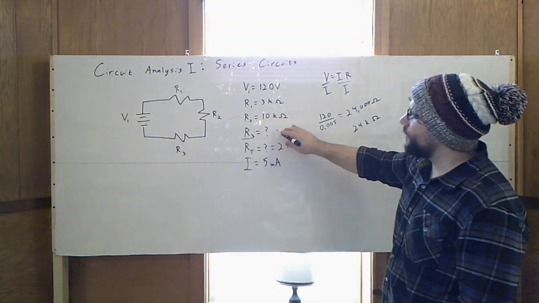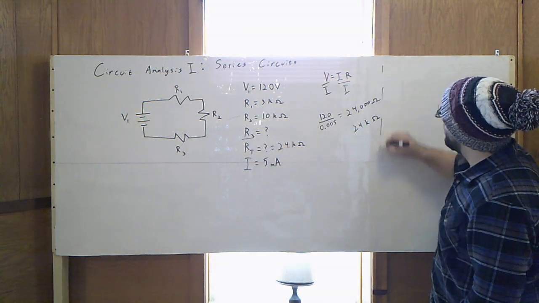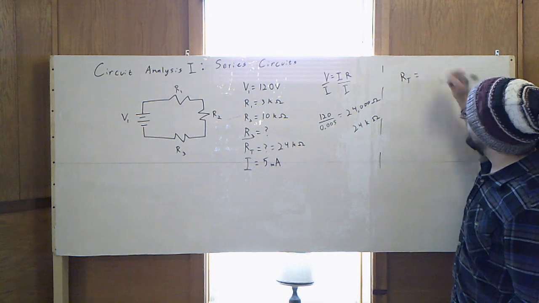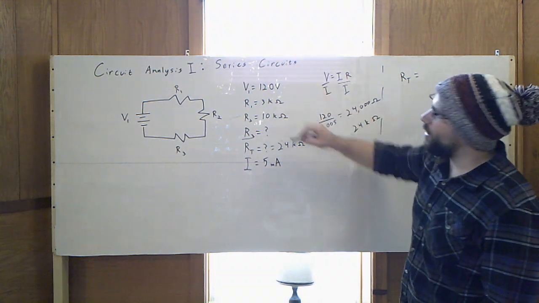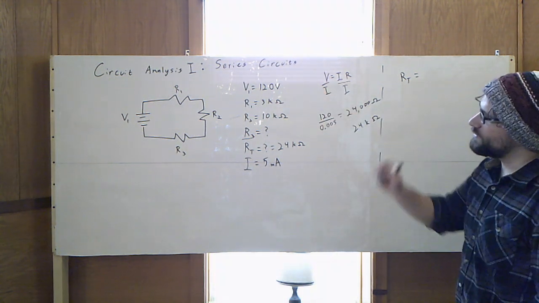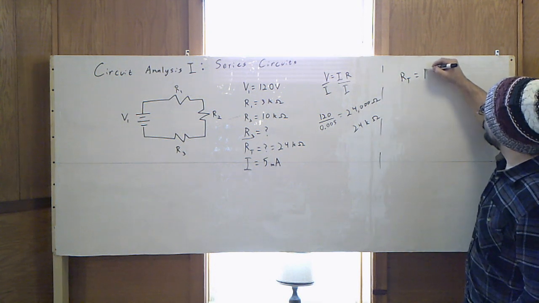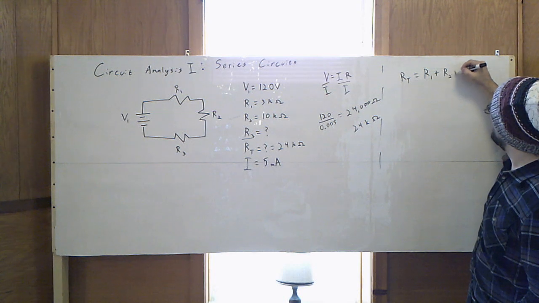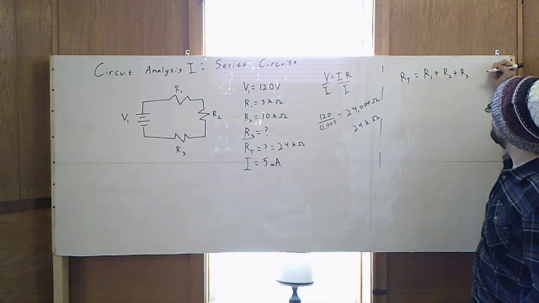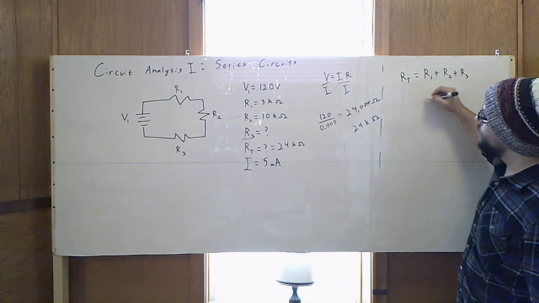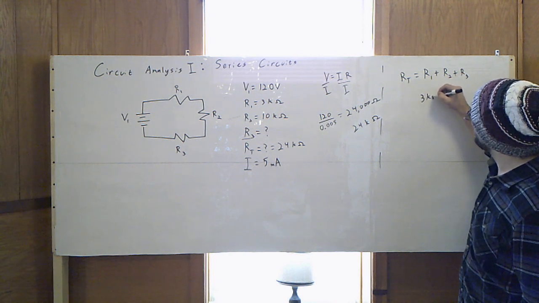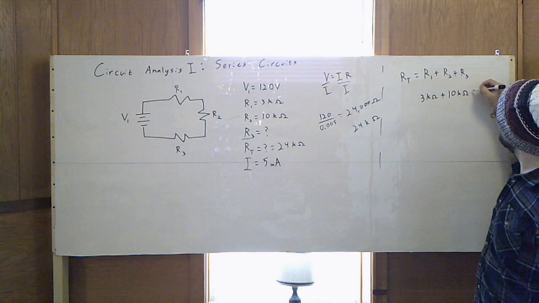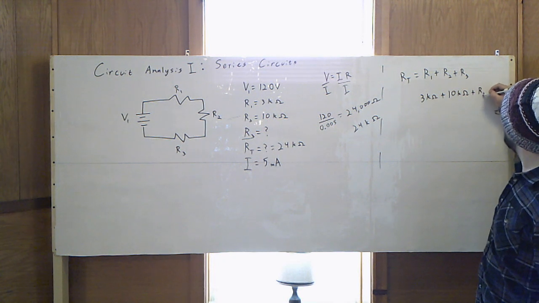So how do I find R3? Well, remember, in a series circuit, my total resistance is equal to the addition of all of my individual resistors in series. So RT equals R1 plus R2 plus R3. R1 was 3 k ohms. R2 is 10 k ohms. R3 is what we're trying to find.